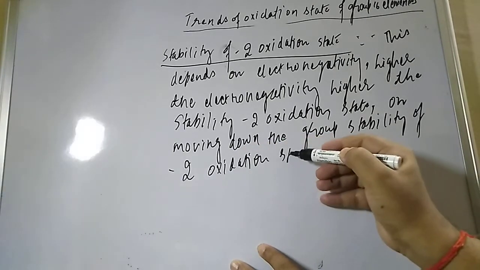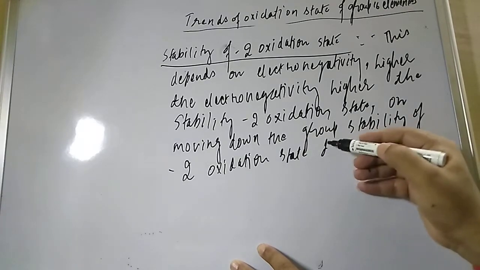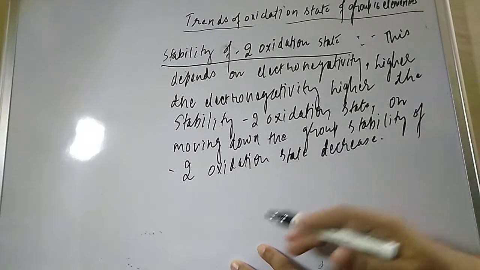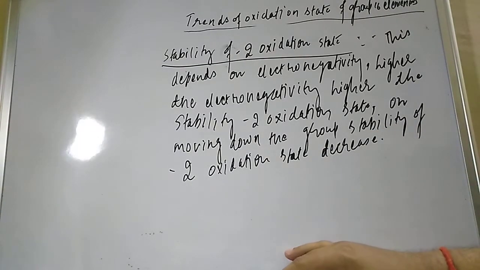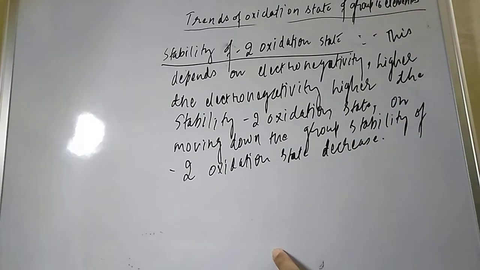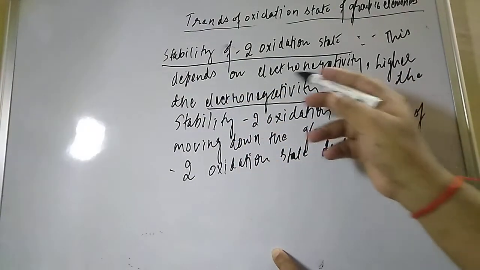What is the meaning of this, friend? When you are moving down the group, metallic character increases, which means electronegativity also decreases.